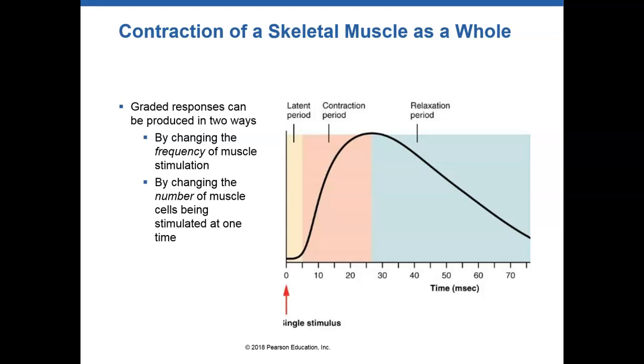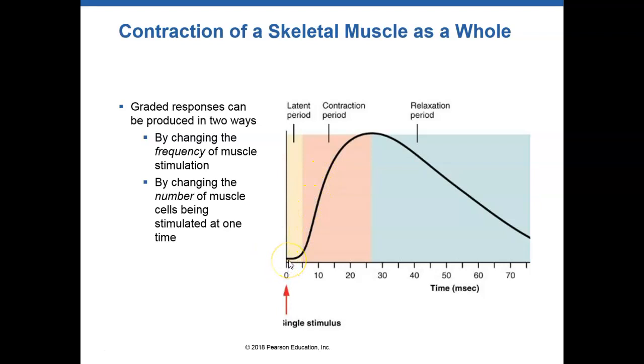All right, so now let's look at what a graded potential can do. This is a single stimulus, so this would be like one neuron axon stimulating one muscle fiber. You stimulate the muscle fiber, and there's a period called the latent period where nothing happens, and then sodium channels start opening and sodium starts rushing in.